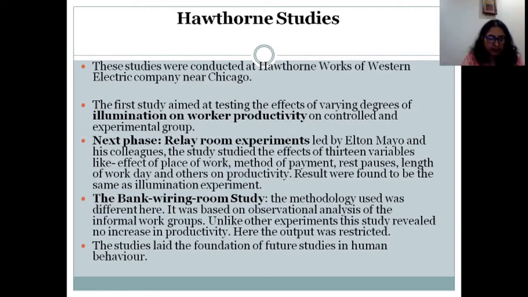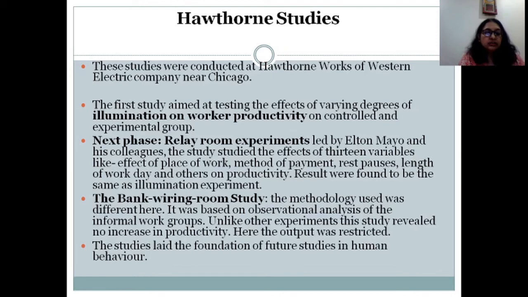So, the third experiment was conducted, called the bank wiring room. Now, here again, the group was placed in a separate room, but there was one change. This time the researchers placed an observer and an interviewer for collecting data for the study. And for this purpose, they selected the regular department supervisor, whose task was to maintain order and control.